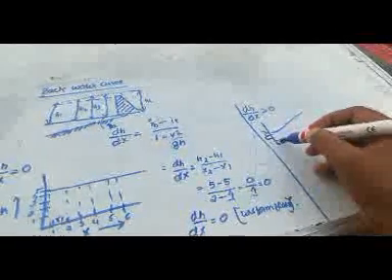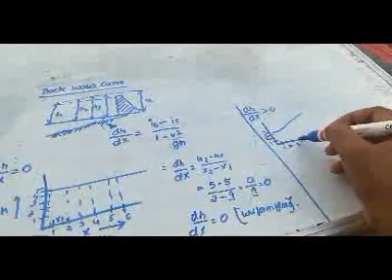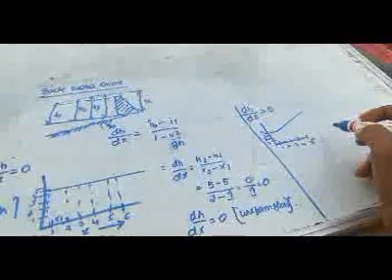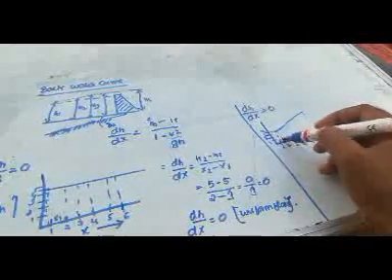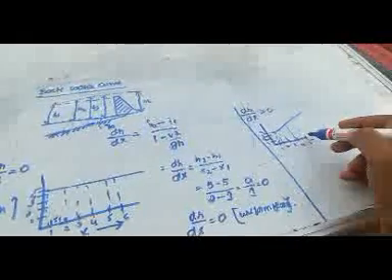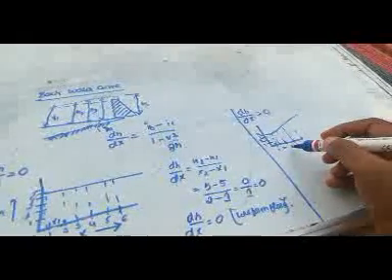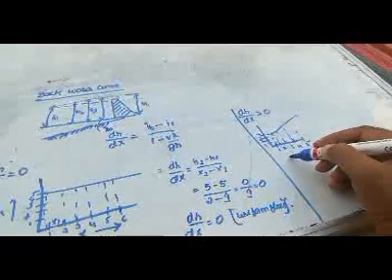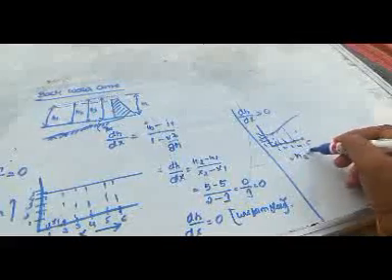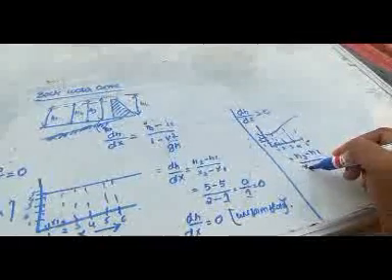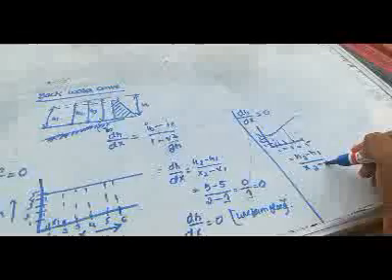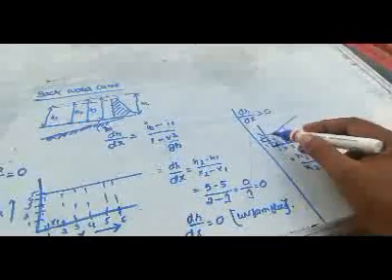This is 1 and this is 2, this is 3 and this is 4. This is 1, this is 2, this is 3, this is 4 and this is 5. So we can write it here h2 minus h1 divided by x2 minus x1.